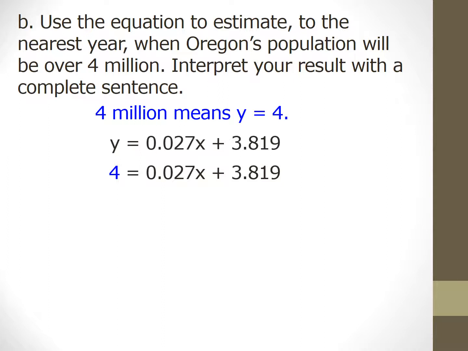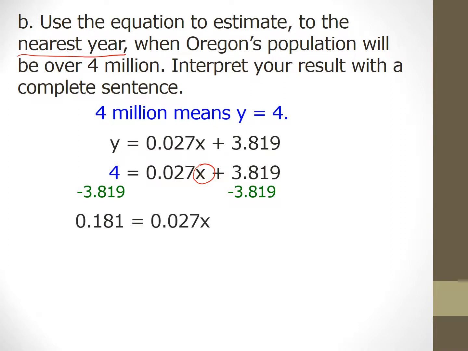Now in this form, when y is 4, our interest is in determining x, because remember, it's asking to find the nearest year when the population is at that level. We're looking for x. So we subtract 3.819 from both sides, and we end up with the equation 0.181 equals 0.027x. And then solving for x, we're going to divide both sides by 0.027.